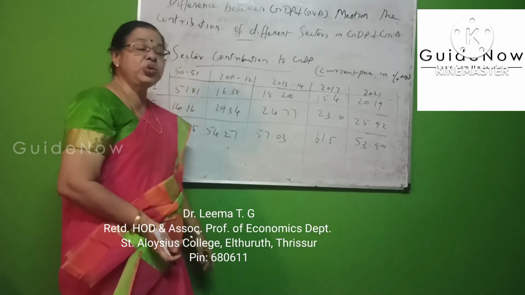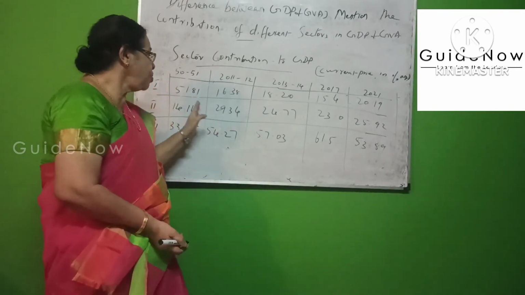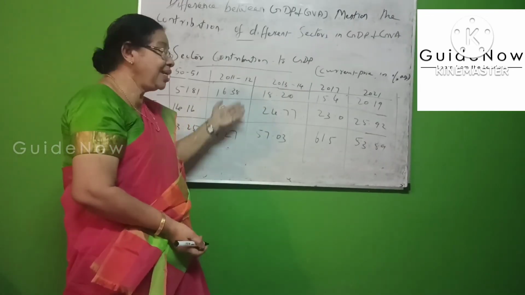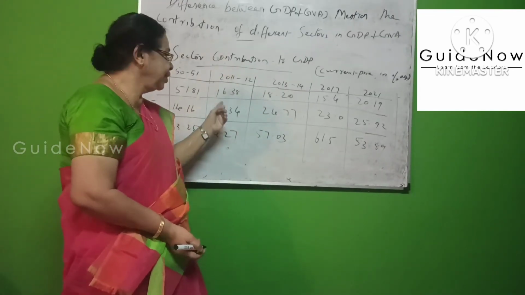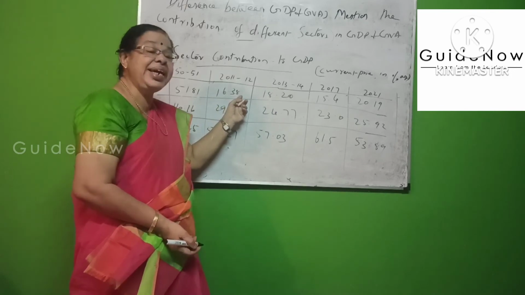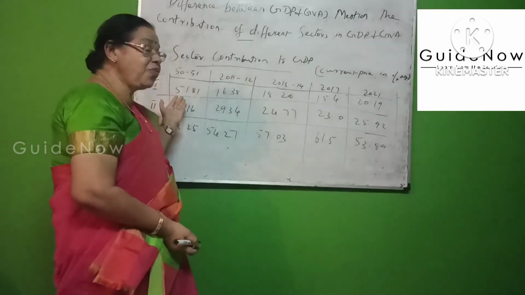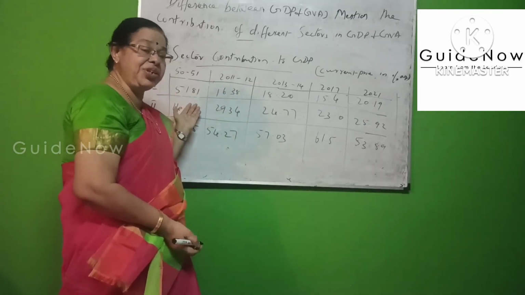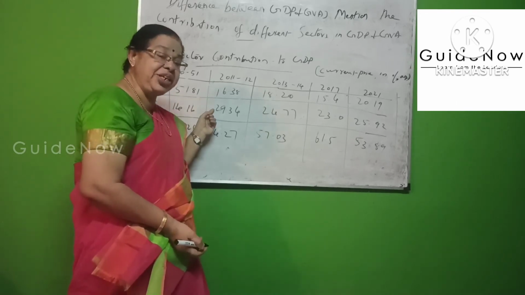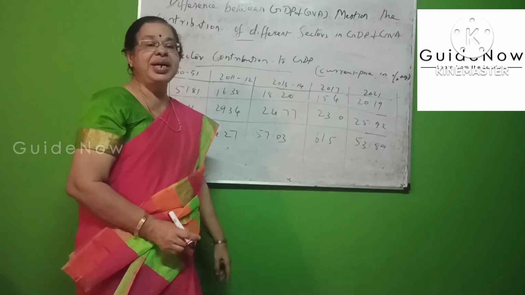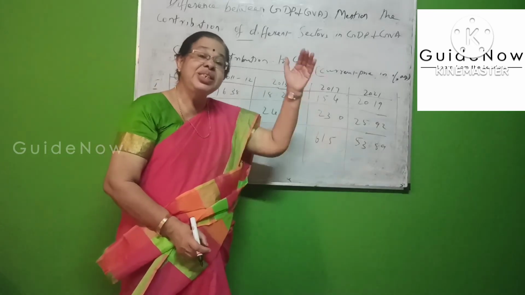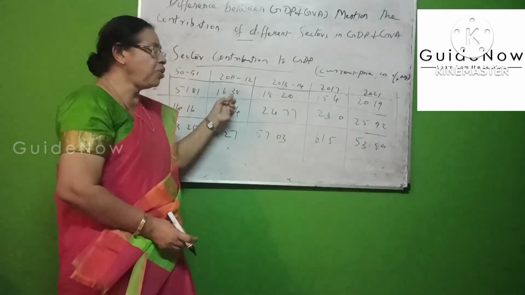Then in the year 2011-12, the agriculture sector contribution is less than 20, that is 16.38%. From 51.81 in 1950-51, the performance of the agriculture sector in GDP is very low, 16.38.